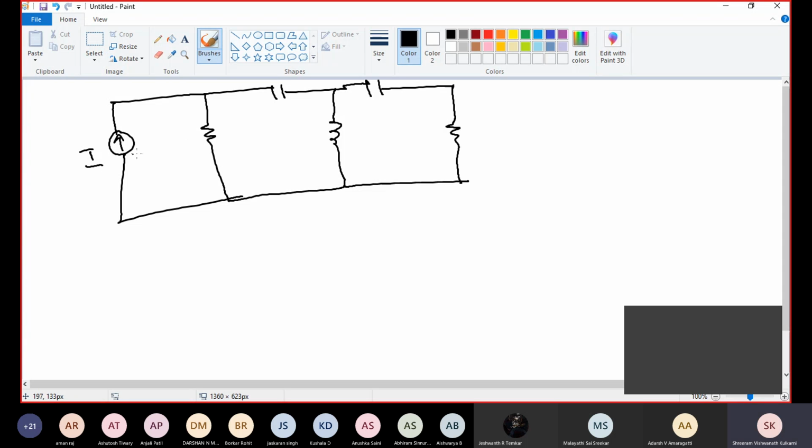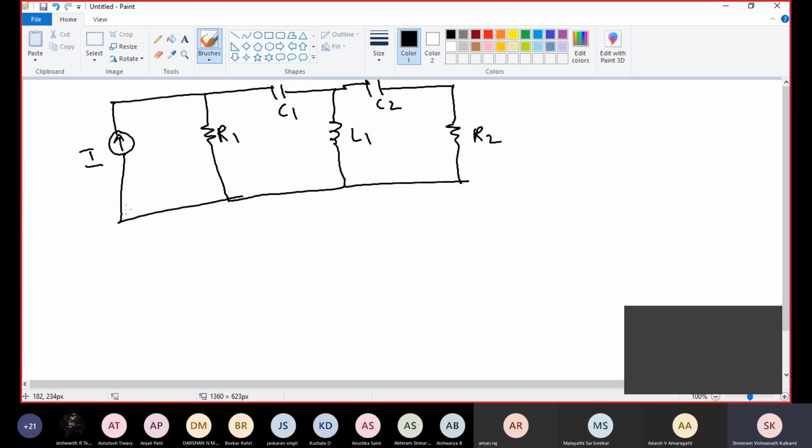This is current I, this is R1, this is C1, this is C2, L1, R2. This is the network given. We need to draw a dual of this network. Here 3 loops are there.